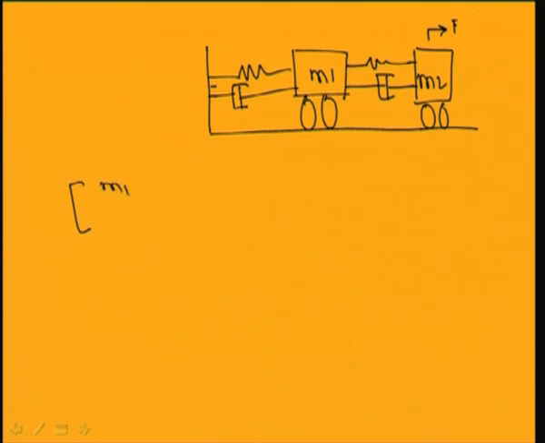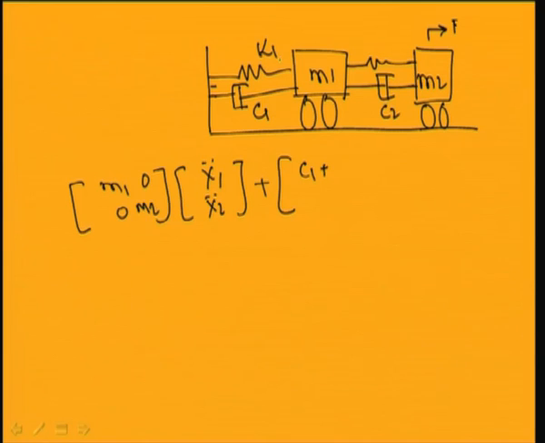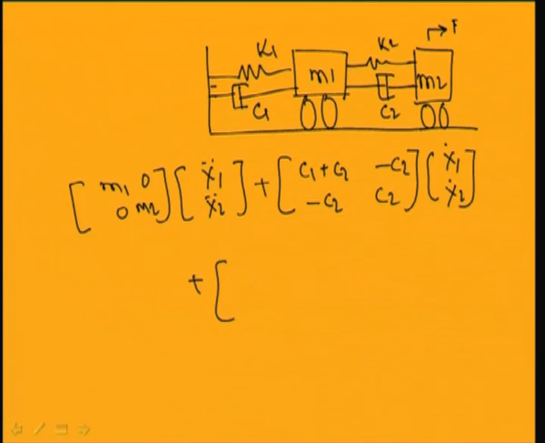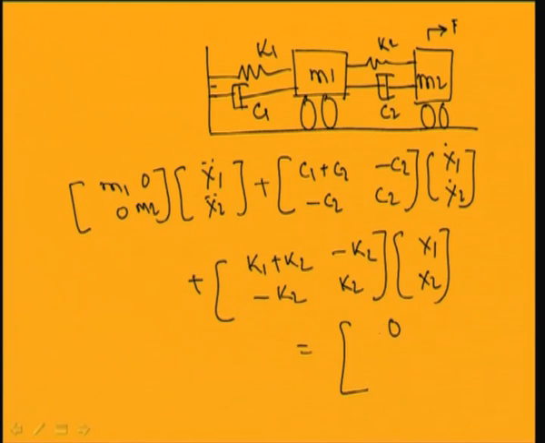So, this becomes M1 0 0 M2, x1 double dot, x2 double dot, plus, let this be C1, this be C2, this be K1, this be K2, C1 plus C2, minus C2, minus C2, C2, into x1 dot, x2 dot, plus K1 plus K2, minus K2, minus K2, K2, into x1, x2, equal to 0, since no force is acting on mass 1, and F sin omega t, as the force F sin omega t is acting on mass 2.